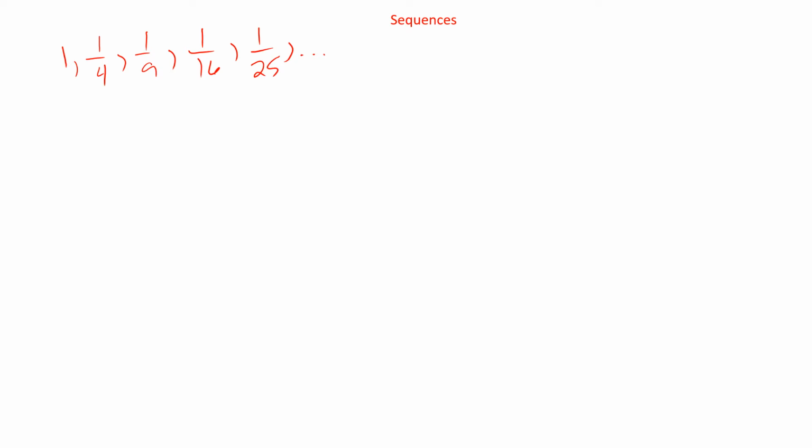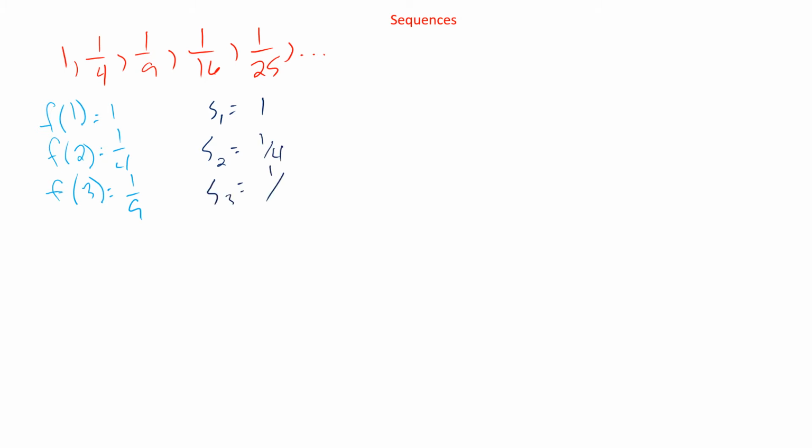With a function, we would have, say, f of 1 equals 1, f of 2 equals 1/4, f of 3 equals 1/9, etc. With a sequence, we use an s with a subscript, which would be an index, telling us s1 equals 1, s2 equals 1/4, s3 equals 1/9, etc. And notice it's pretty much the same.